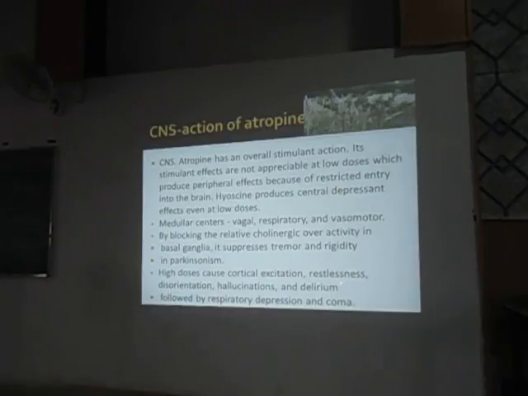There can be respiratory depression and coma also. On medullary centers, the vagal, respiratory and vascular centers, it has a suppressive action. It can also suppress cholinergic activity in the basal ganglia.